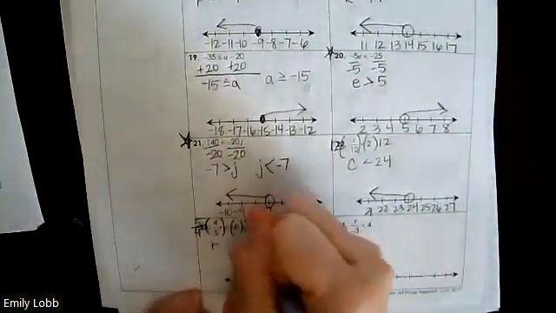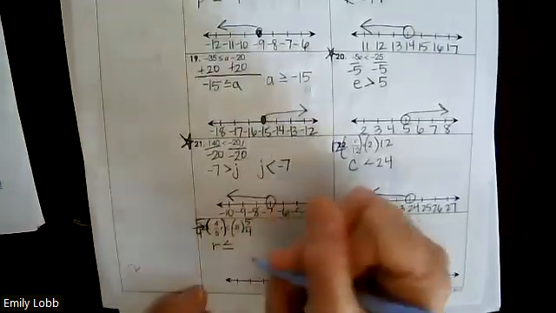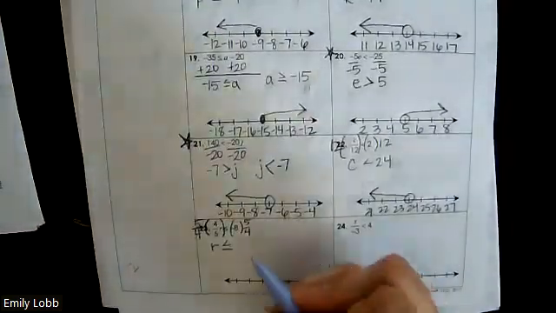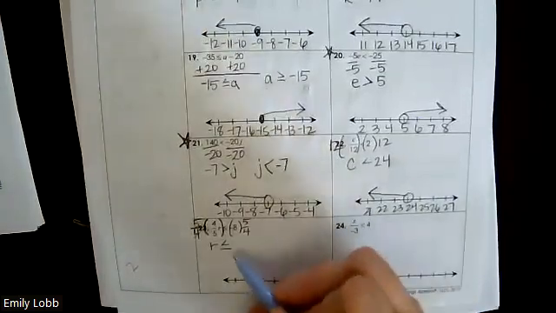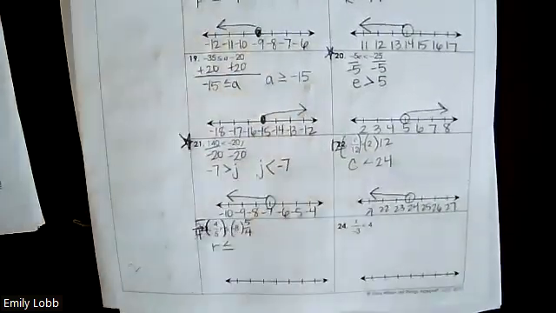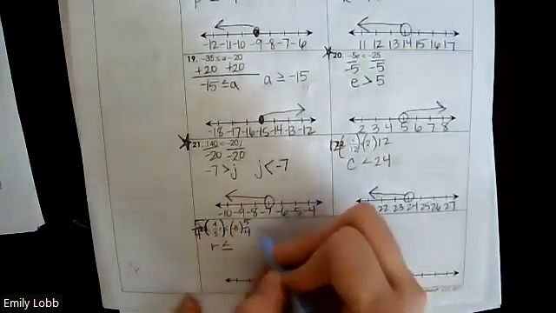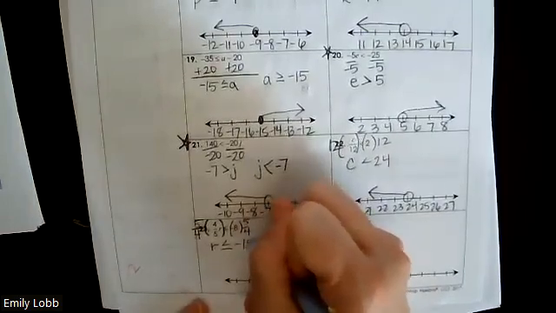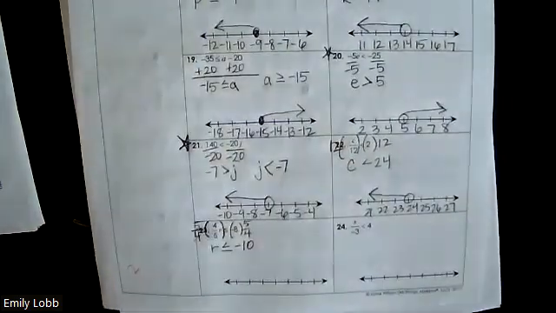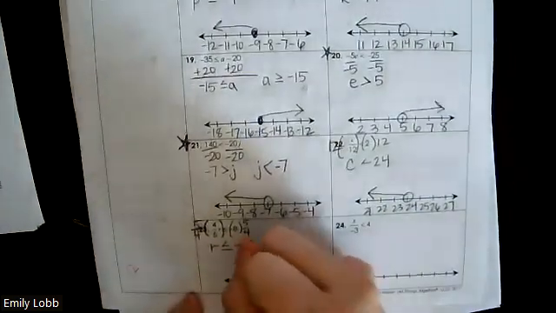So 1r is less than or equal to, remember, what's on the bottom is what we divide by. So 8 divided by 4 is 2. 2 times 5 is 10. Negative times a positive is -10. So -13 is where I would think to start.